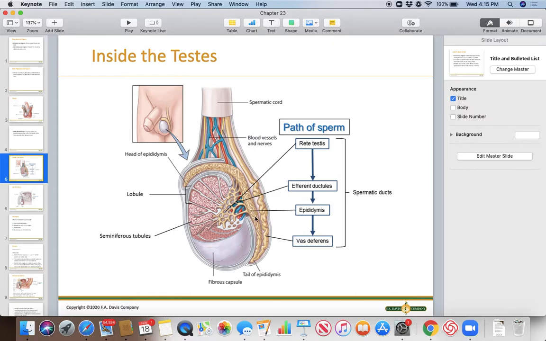Then the epididymis is here, sort of on top of and behind the testes. Its function is maturation and storage of sperm. So the sperm are produced in the seminiferous tubules, but the final maturation takes place in the epididymis.